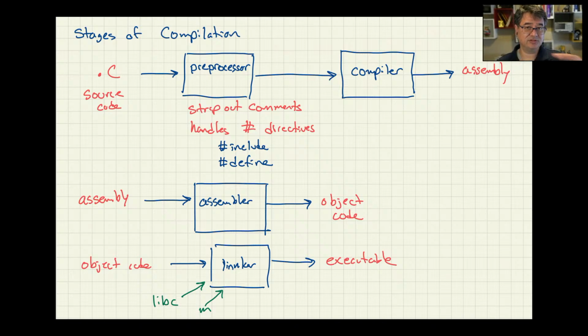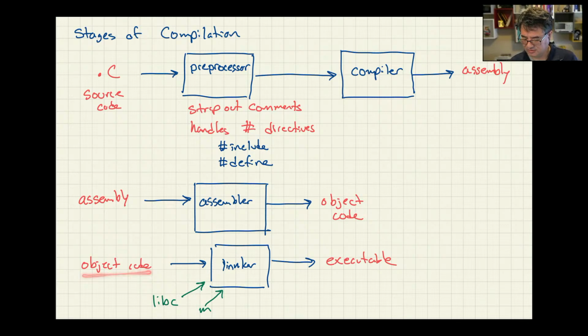Assembly code for the particular processor that you are running your program on. That assembly then goes through the assembler, and out comes object code, which is the compiled machine code, the ones and zeros that your processor understands, but it's not a complete working program. It's just the ones and zeros for the particular functions that you've written.